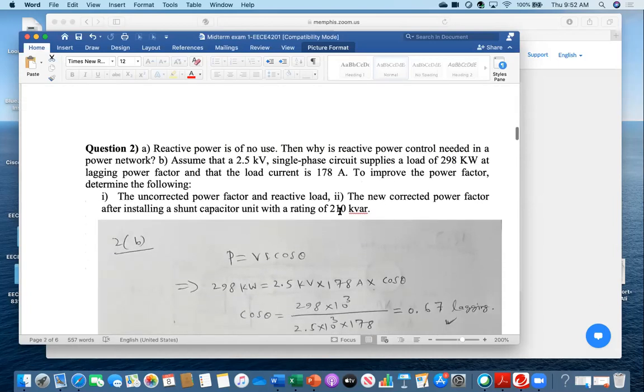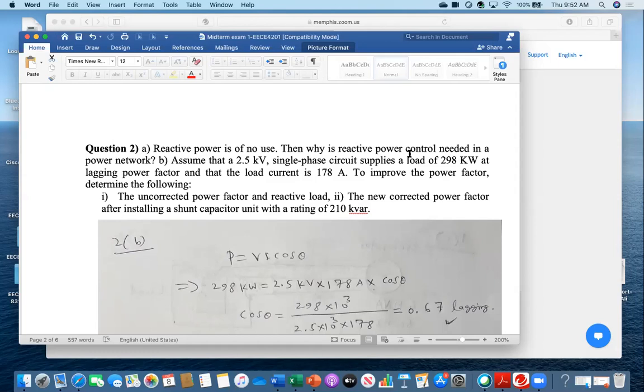Question number 2, reactive power is of no use. Then why is reactive power control needed in a power network? So you see, if you don't control the reactive power in the power network, it means that your system will have a low lagging power factor. Therefore, reactive power basically provides a low lagging power factor.